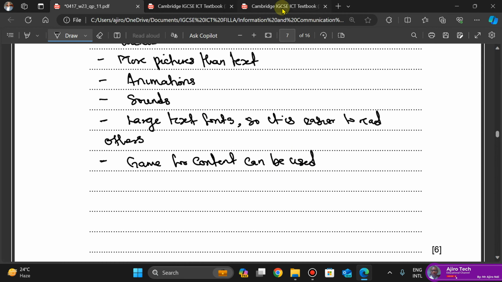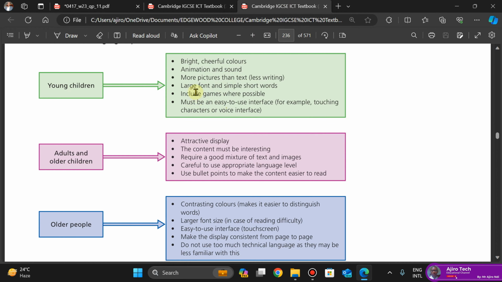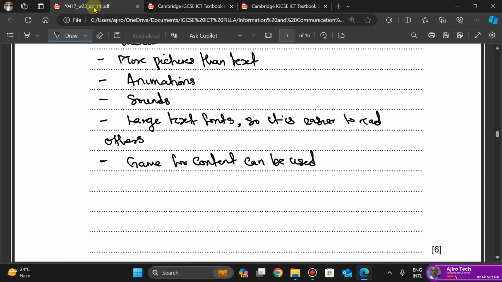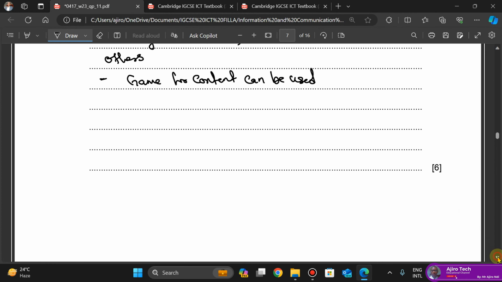I think there are some things we have not also talked about. Large fonts, more pictures, animation, cheerful colors. Okay. Can be an easy to use interface. Okay. Voice interface, that is sound. But you can also separate it. Okay.